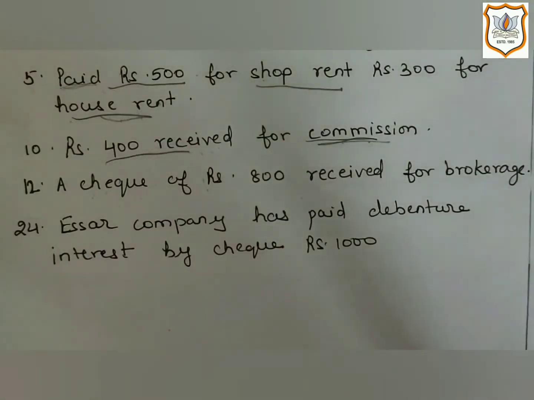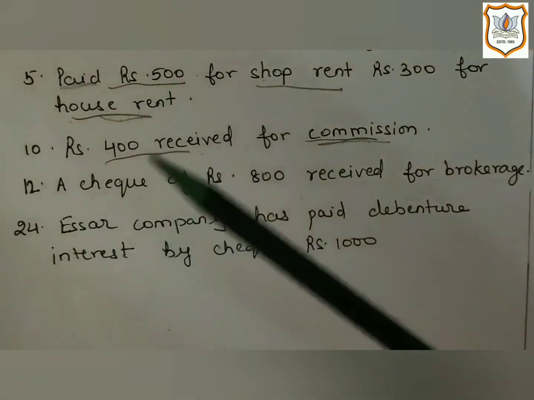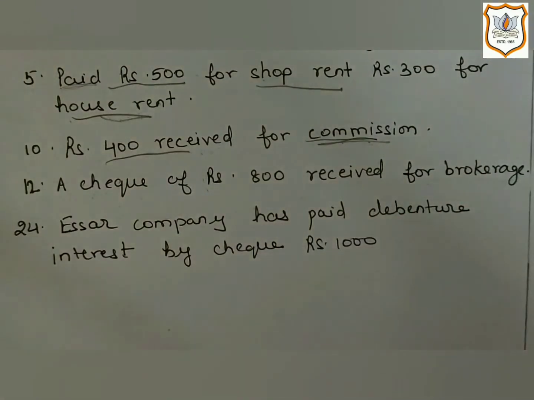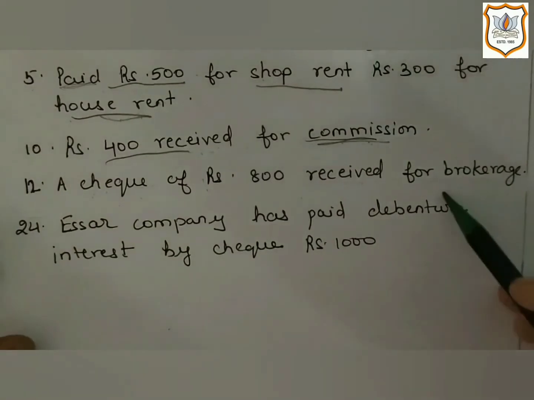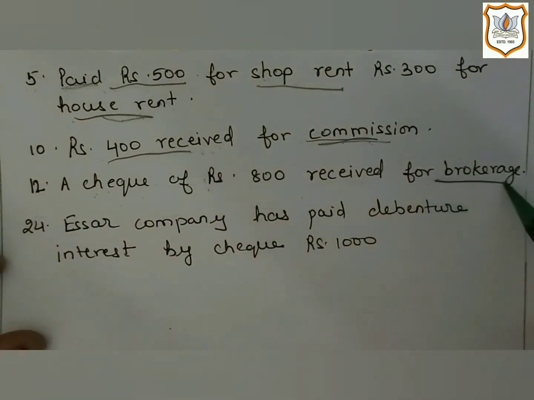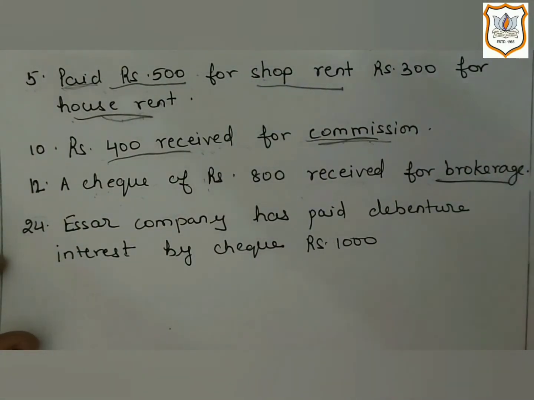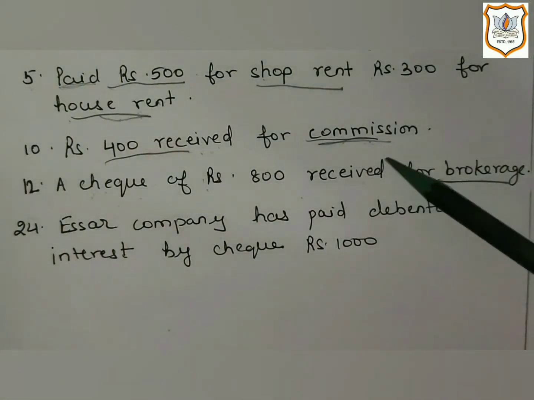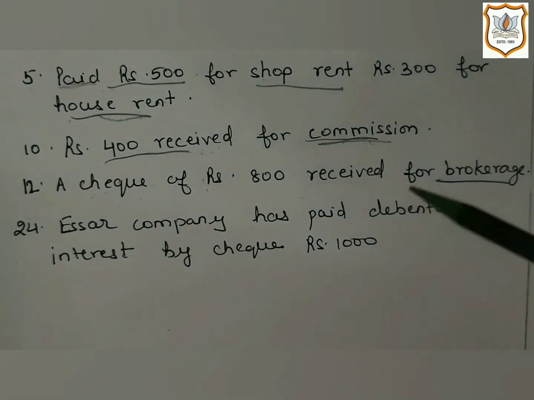Now let's see next transaction, date 12. A check of rupees 800 received for brokerage. So here, which two accounts are involved? Here first, brokerage account, as it is an income for the business, and as here received word is given, that means it is cash transaction.